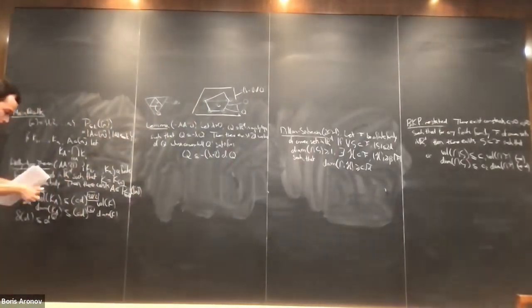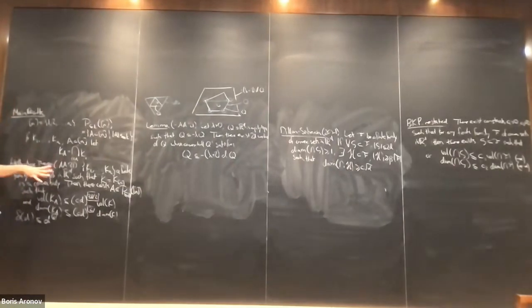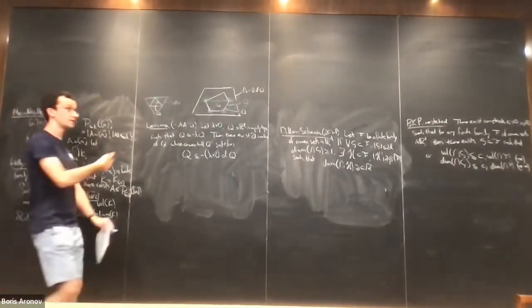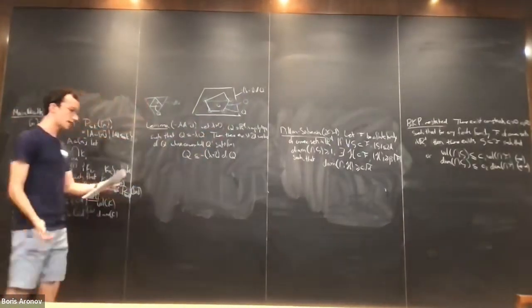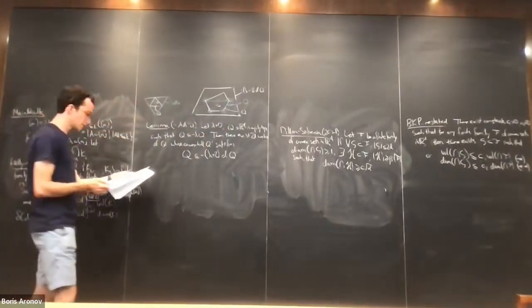And so if these K_i's in our original theorem are closed half spaces, then we do indeed get a polytope. So that's roughly where this lemma comes from.